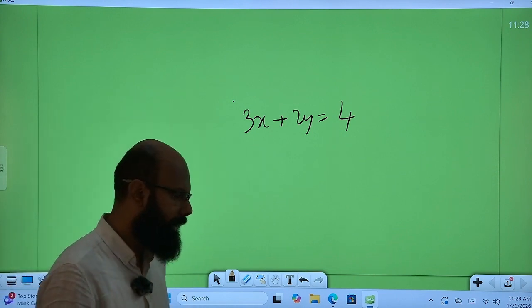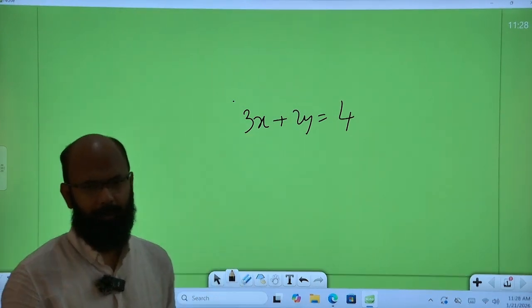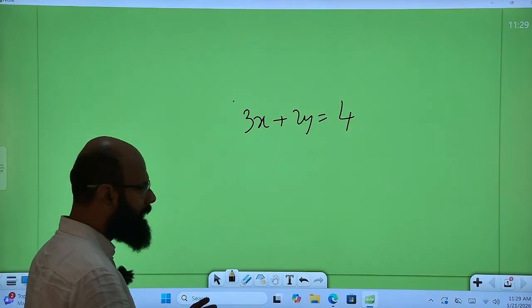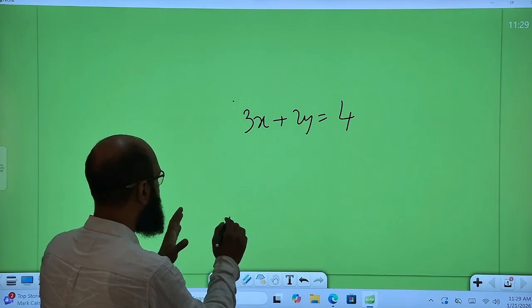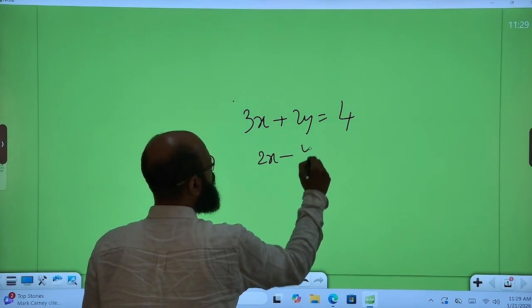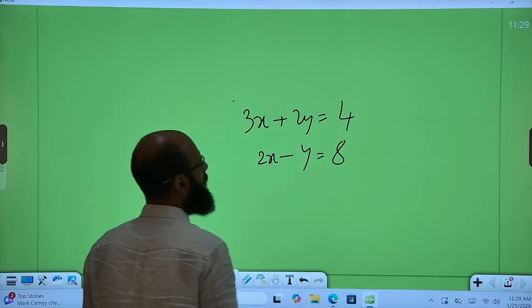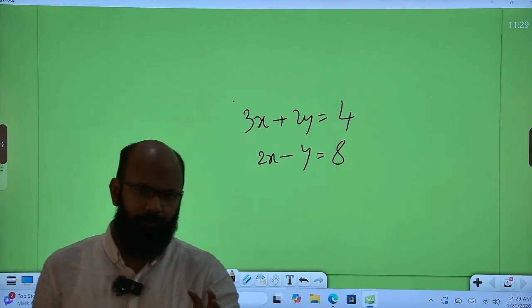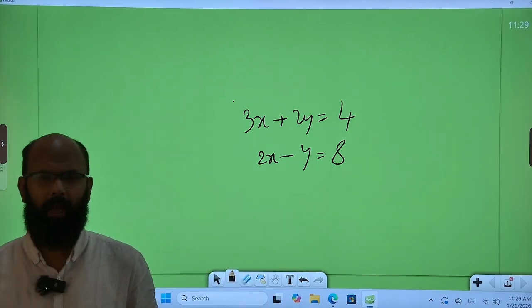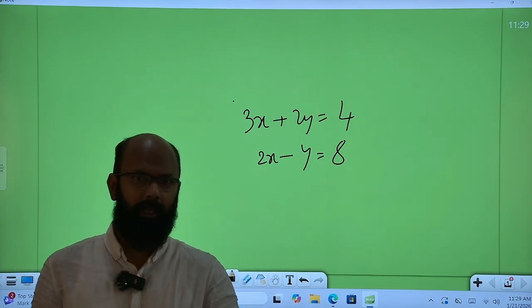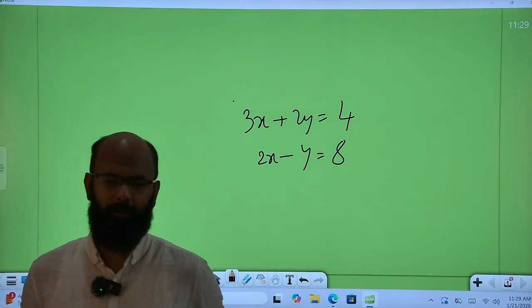No, you can't. So to solve these two variables, we have to have, suppose, 2x minus y is equal to 8. So we have to have two equations. To solve two unknowns, an equal number of equations should be available.